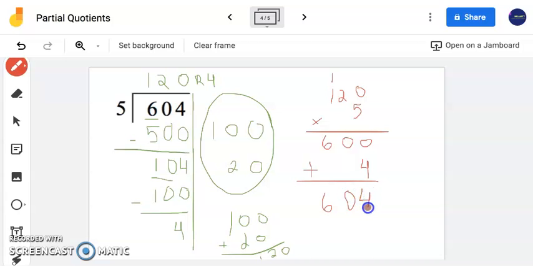And now I know I did it correctly because this is the same answer as my dividend. So I multiplied 120 times 5, which got me almost my dividend, but I can't forget about the remainder. When there is a remainder, then you have to add that remainder, which should give you your dividend. That's how you know that you solved this problem correctly.